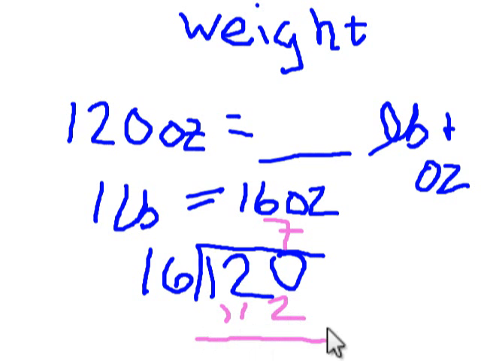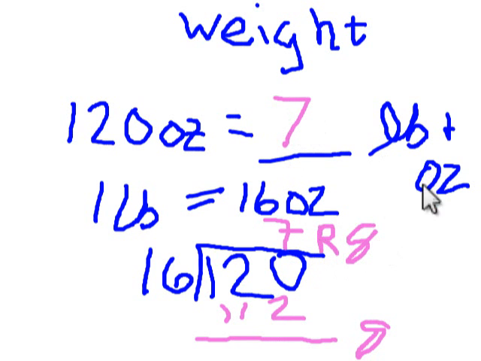So I have a remainder of 8. I'm going to write it over here because otherwise I'm not going to be able to see it. So I know I have 7 whole pounds, and 8 ounces left over. So that's one way of saying 120 ounces equals 7 pounds and 8 ounces.